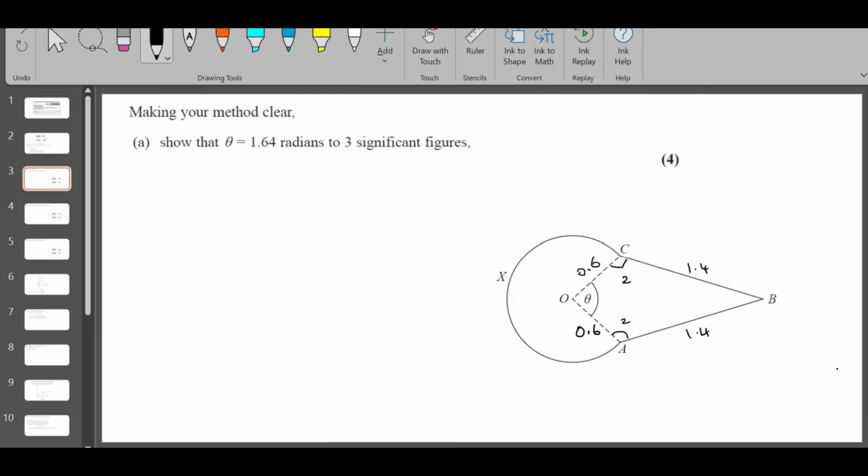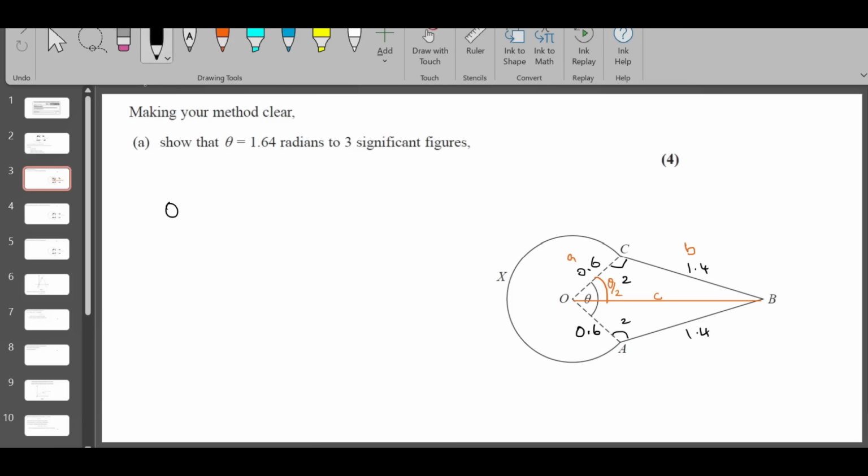Okay, let's look at part A now. Show that theta is 1.64 to 3 significant figures. That's a 4-mark question. So first, I'm going to draw a line here and find this angle. If the whole angle is theta, this will be theta over 2. I can use the cosine rule to find the length of OB first.